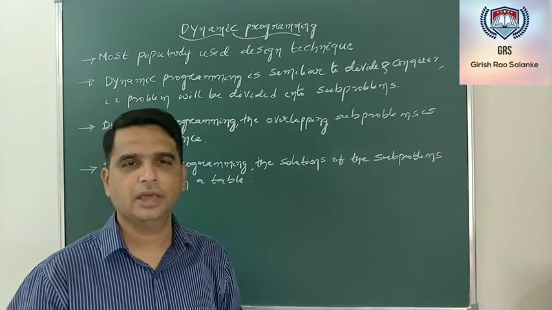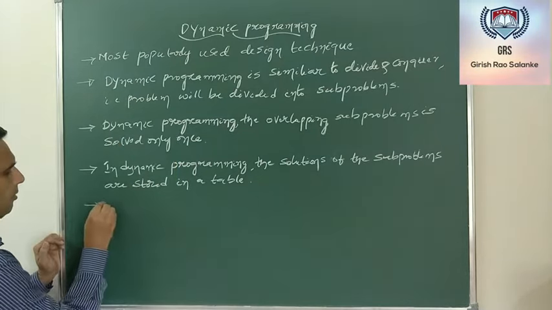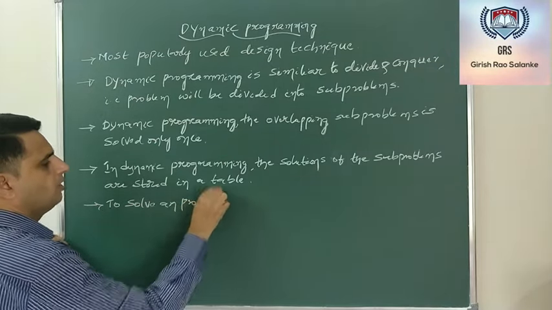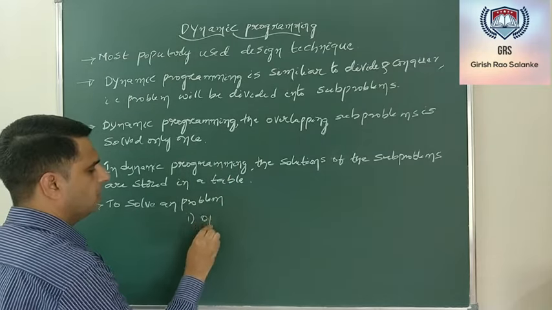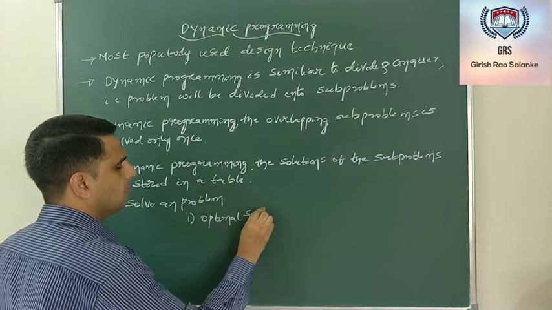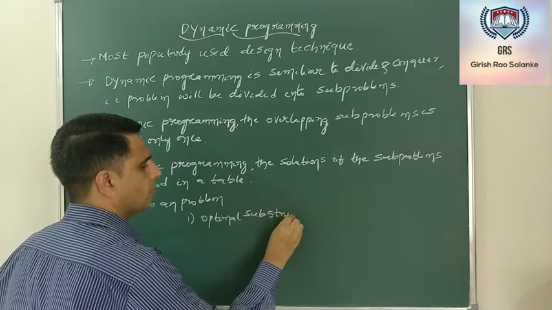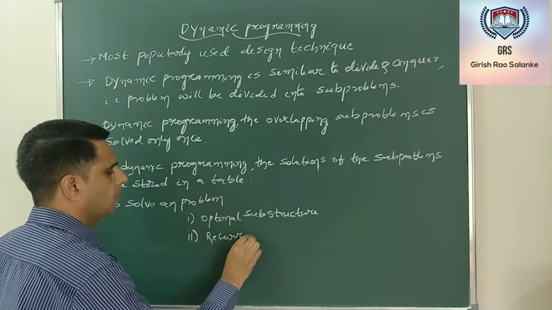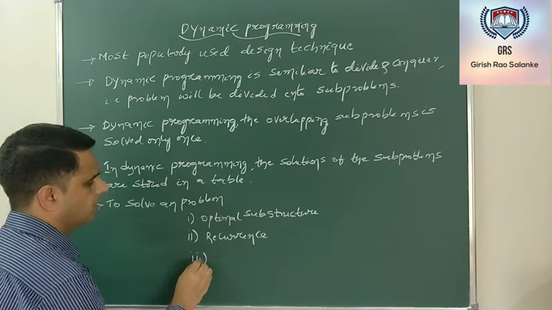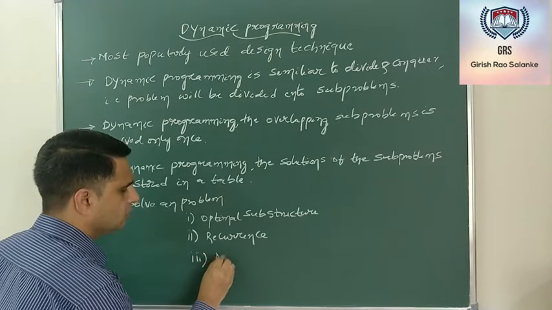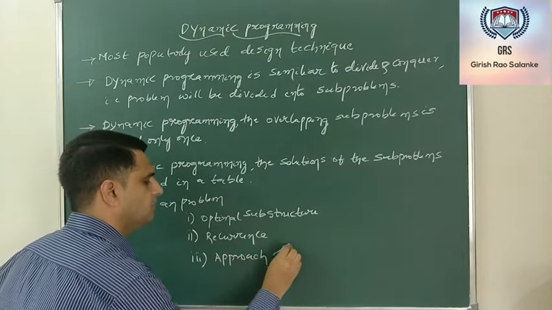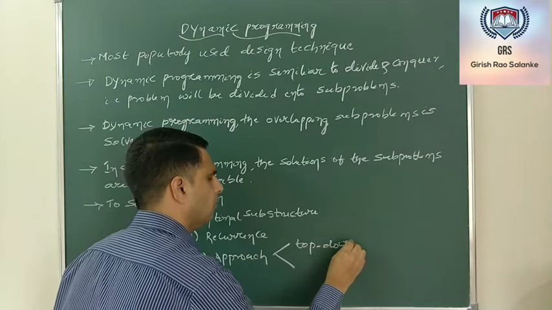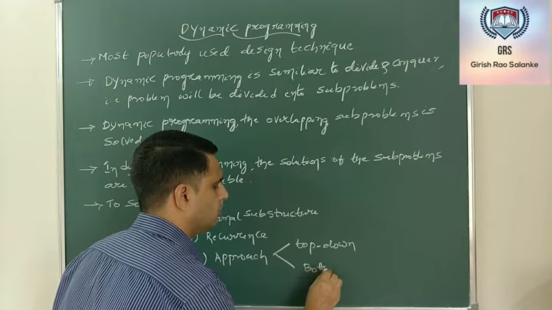One more important thing is that to solve any problem using dynamic programming, three things are very important. One is the optimal substructure. Second is the recurrence. And third is the approach. Approach in the sense we generally use two approaches: one is the top-down approach, and the second is the bottom-up approach.